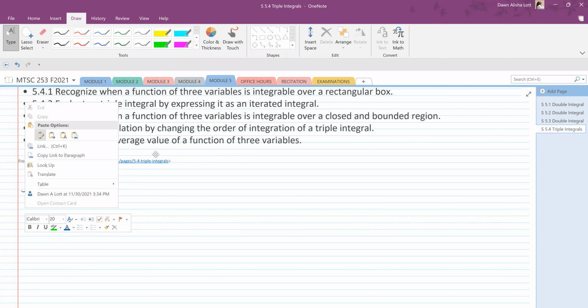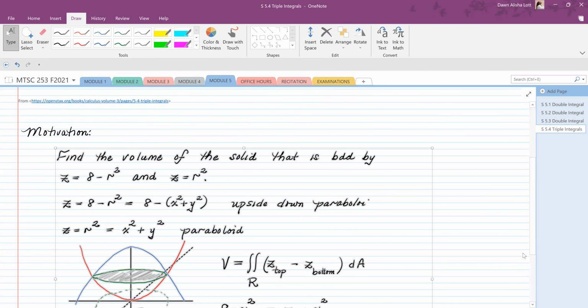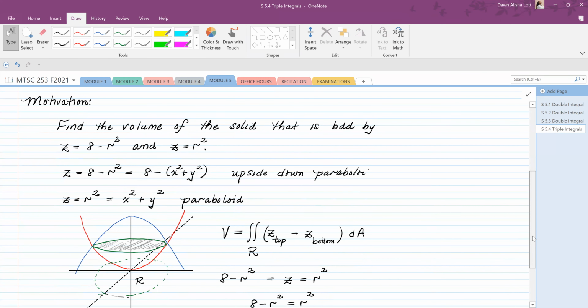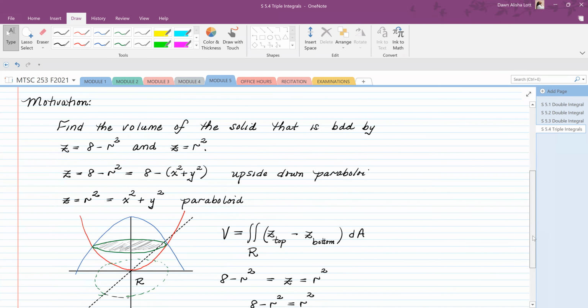My motivation is this previous problem that we just did. I was trying to calculate the volume over top of this particular region. As you can see, if I do the area over a region of a function over top of that region, it gives volume.